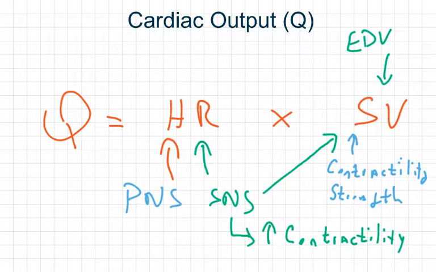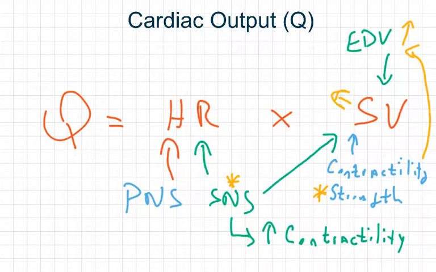So when we have increases in, say, SNS activity, you have increases in strength of the contraction, which eventually causes an increase in end systolic volume. These will affect how much blood is pumped out, which means we have an increase in the stroke volume.